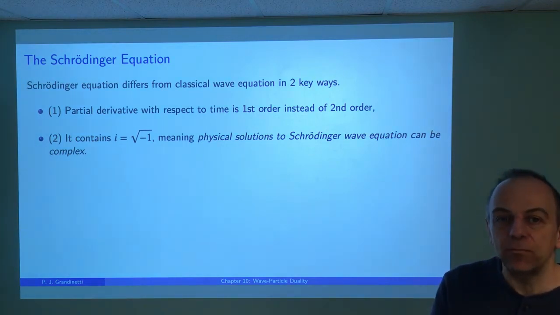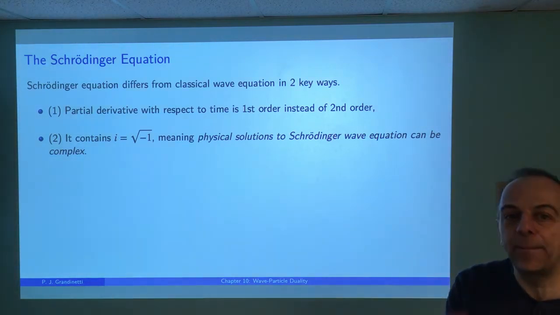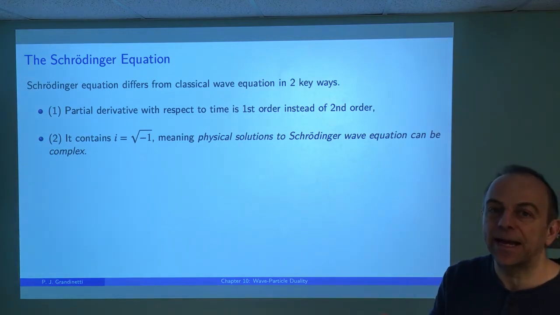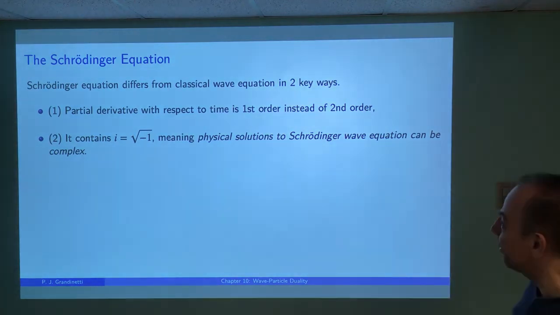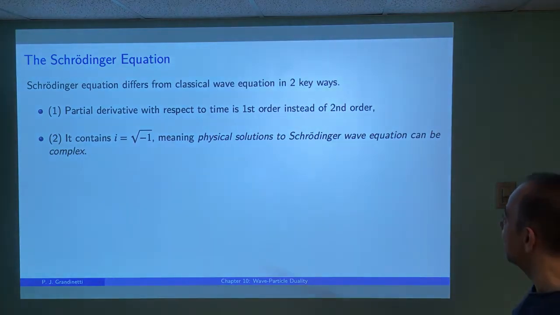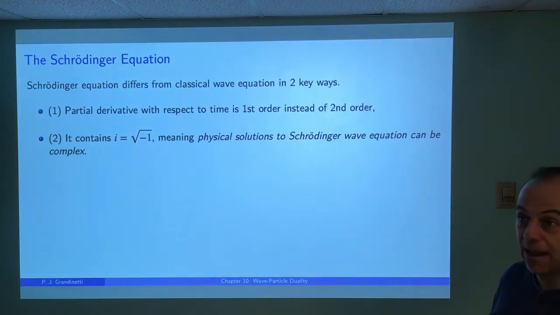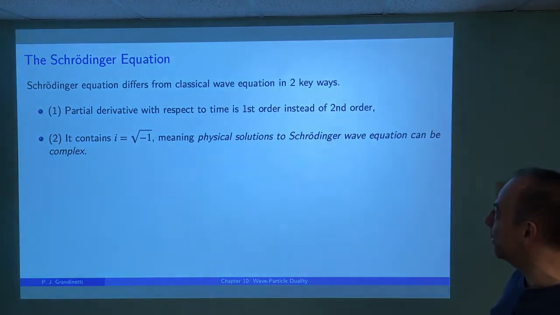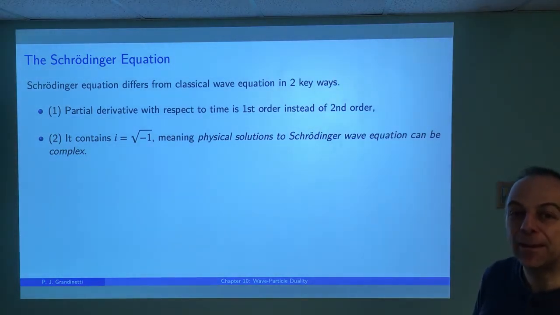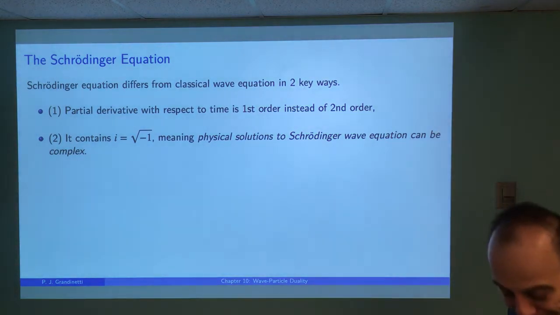But we knew at the end, when we got our solutions, we only had to look at the real part of that solution, because the real part was the only thing that was actually physical. The complex wave function was just a mathematical convenience. But here, the i actually shows up in the wave equation, which means that the solutions can be complex and physically real. I shouldn't say real. They become physical solutions, okay? So they are physically complex solutions.